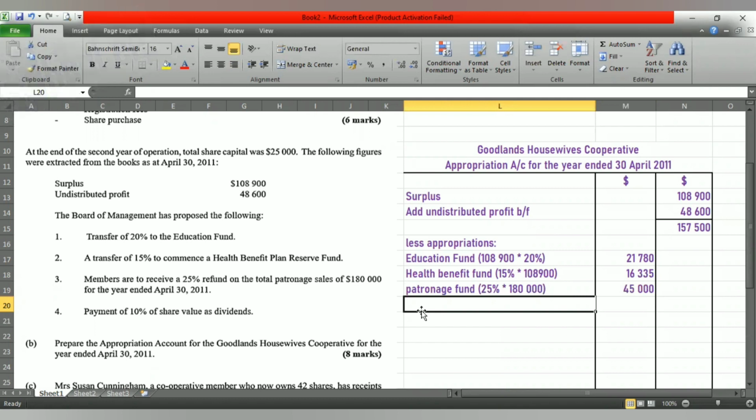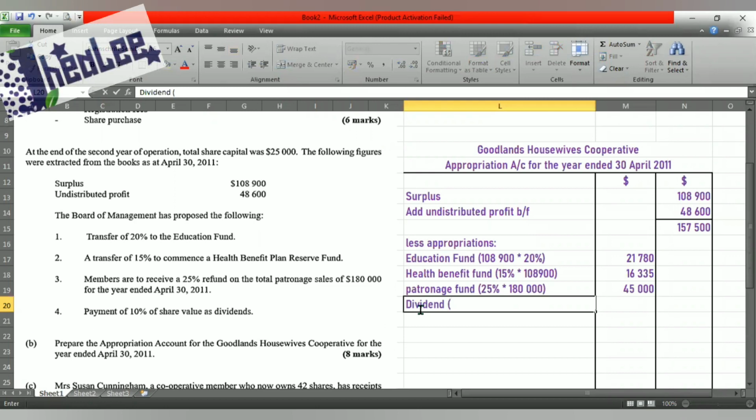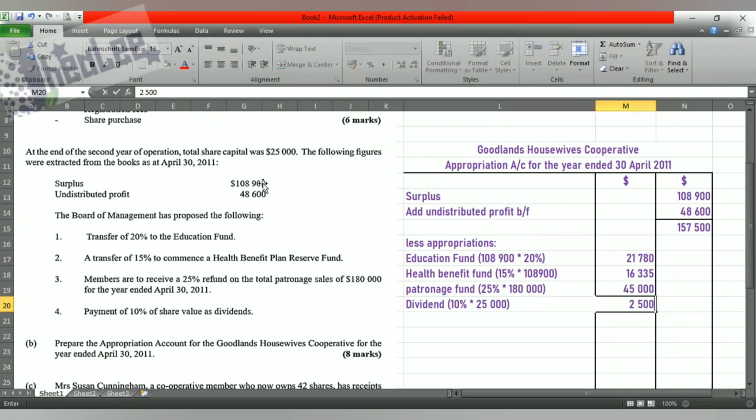And that is 10%. Don't forget to show your calculations. 10% of the share capital, which is the 25,000, and that gave us $2,500.